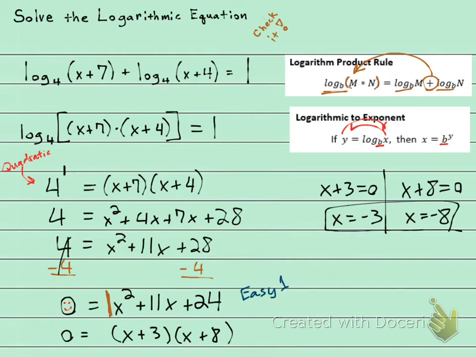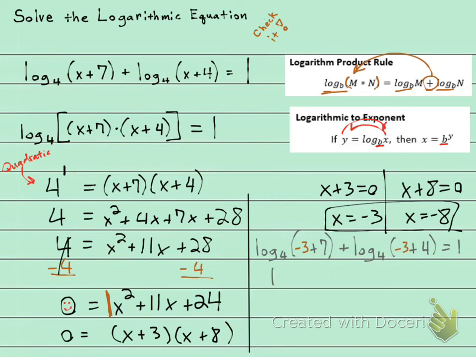Check it! If either one of these gives me a negative inside those logarithmic parentheses, then I have to throw it out. So for negative 3, let's try this. Here's my original equation, and I'm going to substitute a negative 3 for x. Negative 3 in place of that x, and negative 3 in place of this x.